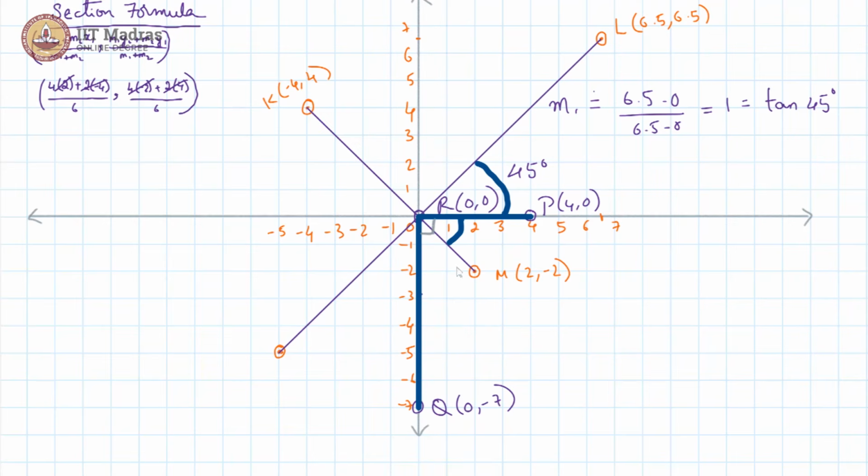If we look at the slope here, which is M2, that is minus 2 minus 0 by 2 minus 0, which is minus 1, which is equal to tan of minus 45 degrees. Therefore, this angle here is minus 45 degrees because we're going clockwise from the horizontal.